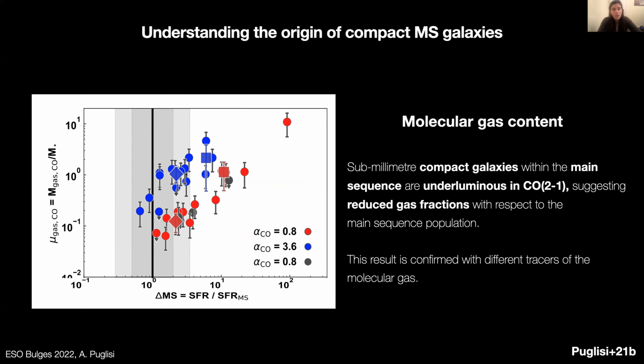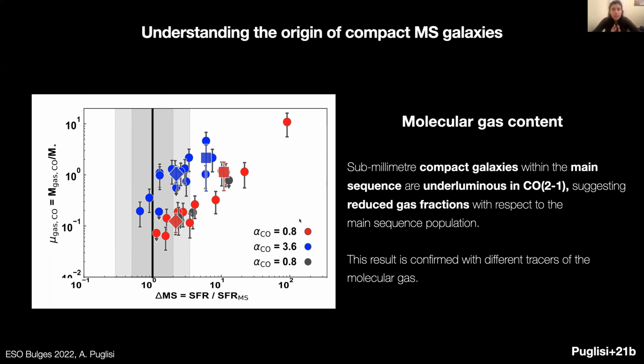And here I would like to point out that to measure gas fractions, we assume a starburst CO2 to H2 conversion factor for compact galaxies overall, and a disk-like CO2 to H2 conversion factor for extended galaxies. And this is supported by the study of the ISM conditions that we conducted.